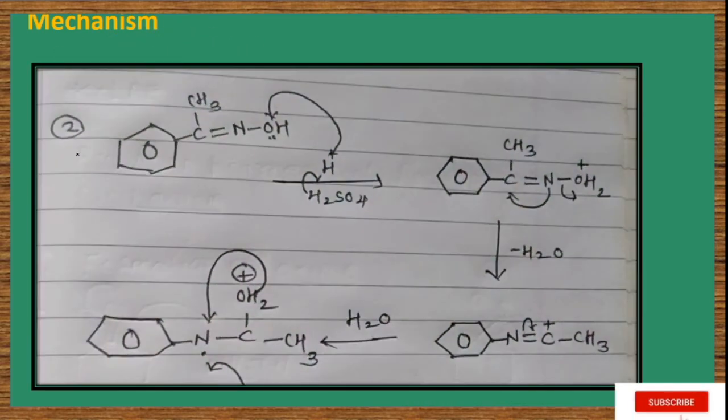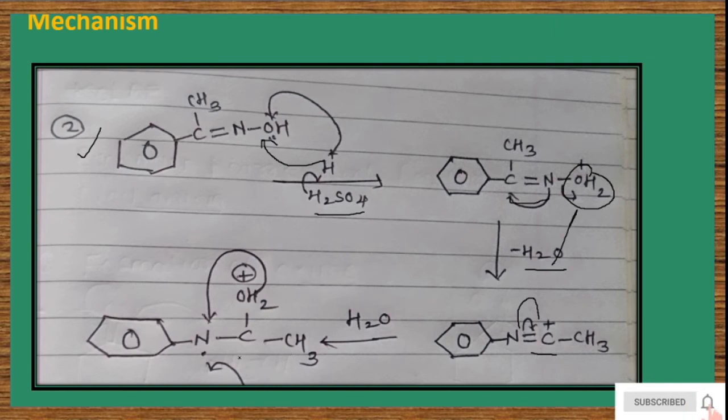In the next step, the oxime reacts with hydrogen. The oxygen of the hydroxide group in the oxime has a lone pair, so it reacts with the hydrogen atom and produces a positively charged oxygen in that oxime group. After that, a water molecule is released in the form of a dehydration reaction, and the corresponding compound is formed.